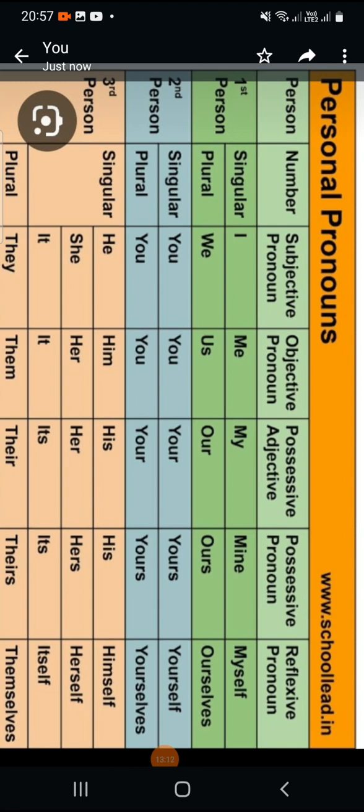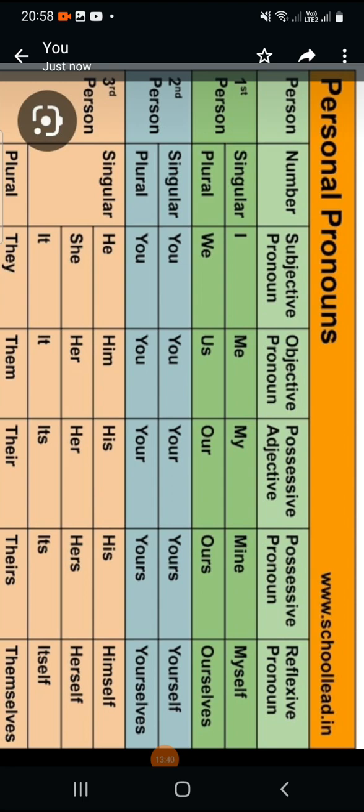Very important thing. I'm repeating the same sentence which has an error. Me and my brother are going to market today, right? So in this sentence, the correct sentence is that first you have to give importance to your brother. My brother and then I. My brother and I. Why? Because you don't have a verb now.